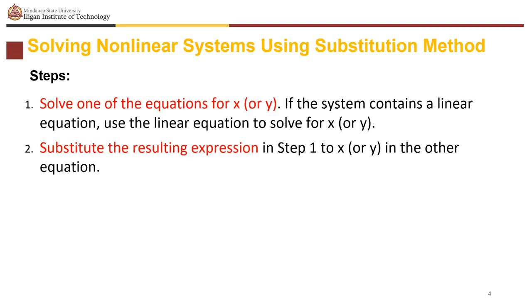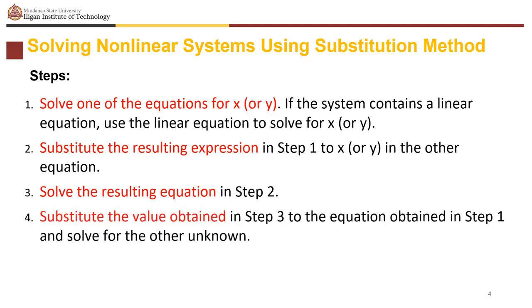Then, solve the resulting equation in step 2. Next would be to substitute the value in step 3 to the equation obtained in step 1 and solve for the unknown. Then verify your answer.